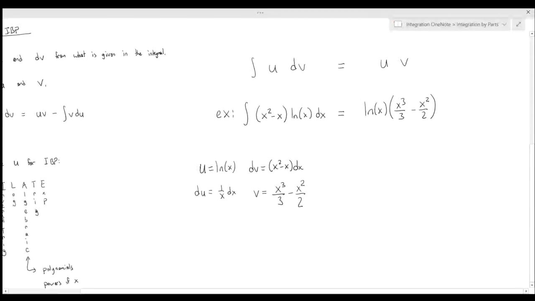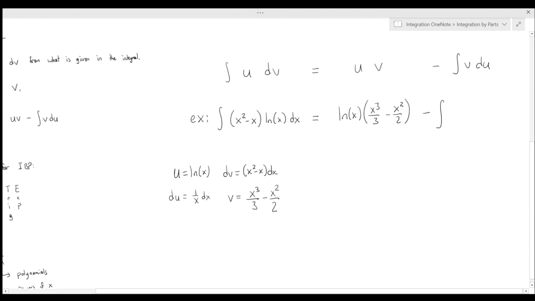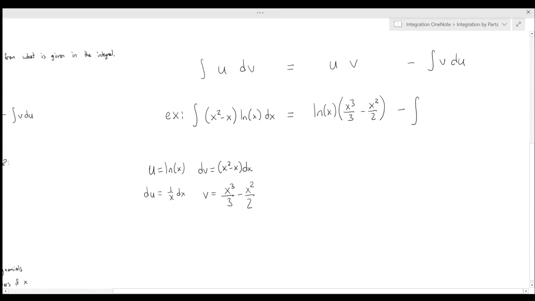So uv, and then it's minus the integral of v du. So v is, again, x cubed over 3 minus x squared over 2. And then du was 1 over x dx.